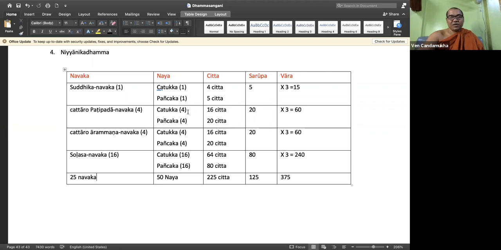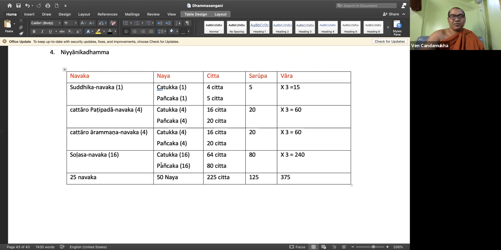So also here you can multiply. Four multiplied by four, we have 16 Jeta. Four multiplied by five, so we have what? 20 Jeta. Here Aramana is also the same. Regarding the Soḷasa Navaka, if we multiply 16 by 4, we have what? 64.